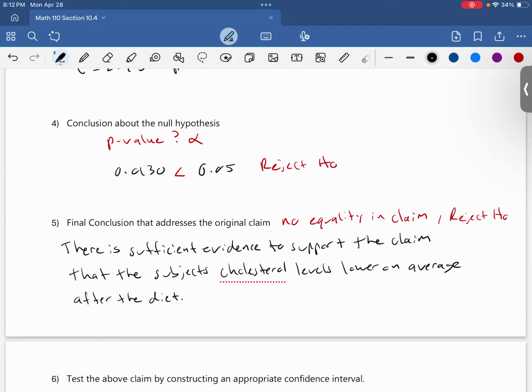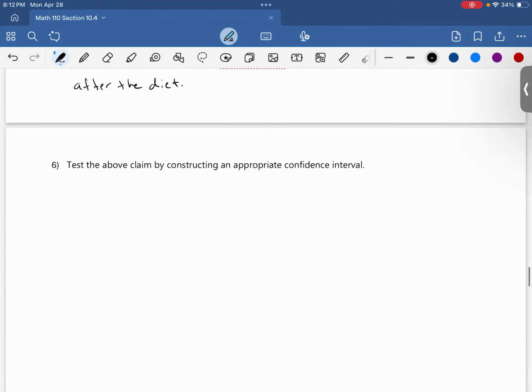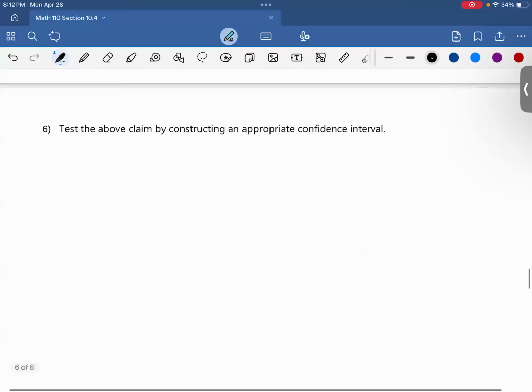So now we have to construct a confidence interval to verify that our hypothesis test is telling us the right thing. As always, we need to get our confidence level. We have a greater than sign, so that means we have a right tail in our distribution.